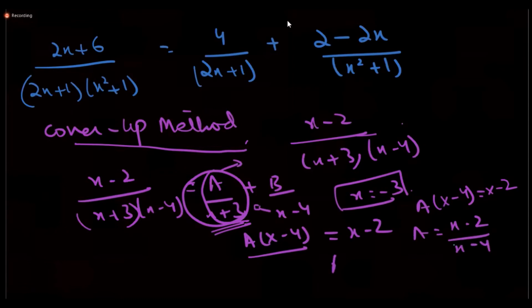So A becomes −3 − 2, which is −5, and −3 − 4 becomes −7. After evaluating, A becomes 5 over 7.